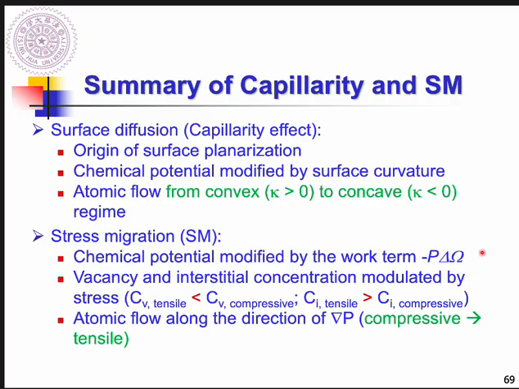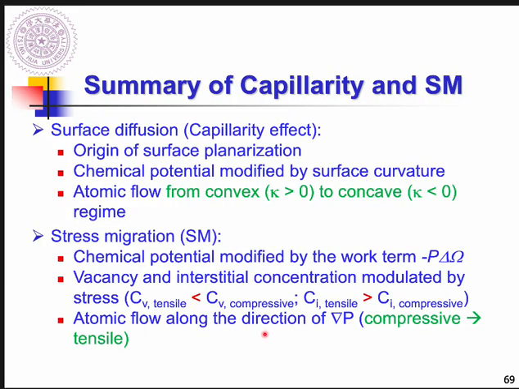This is the extra term to increase the chemical potential for the compressive region. As we mentioned, the atoms always move from the compressive region toward the tensile region. So after that, you will observe more concentration of interstitials in the tensile region compared to the compressive region.